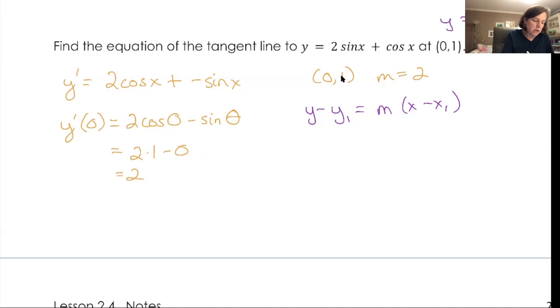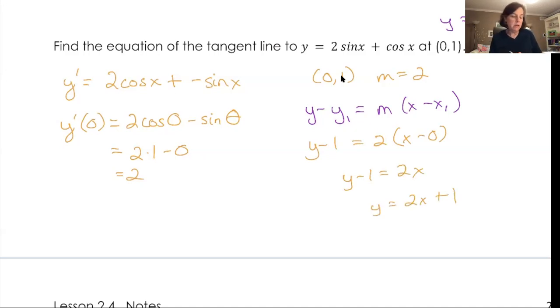I just do, okay, so y minus my y coordinate, which is 1. My slope is 2, x minus my x coordinate. Y minus 1 equals 2x. And if I want to, it's really easy to bring that 1 over. But I don't even actually have to, but it's really easy to.